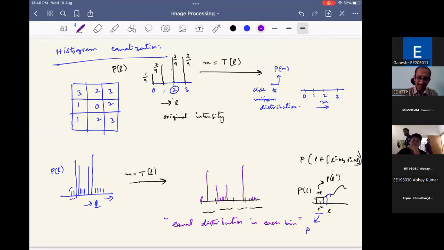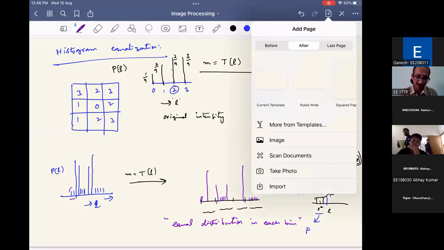We have the probability distribution of this. I will again take the same example. What we want to do is map this distribution to a uniform distribution.